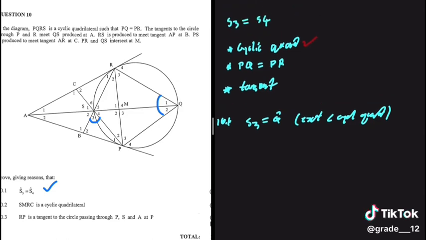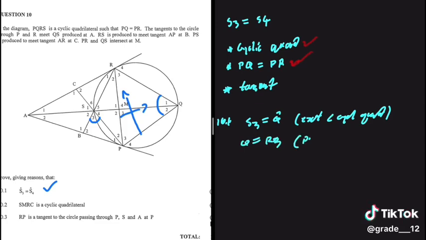The following keyword is that PQ is equal to PR. Let's see what the consequence of that is going to be. PQ is equal to PR. So PQ subtends angle R3 and PR subtends angle Q. So what does that tell us? That will tell us that Q is equal to R3.